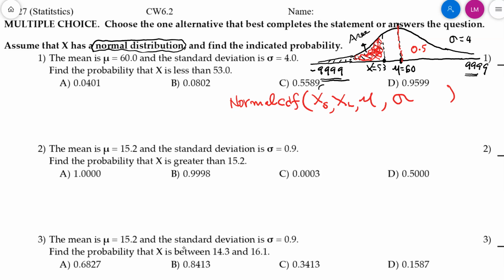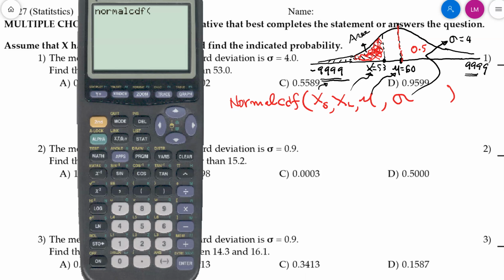This is X small, this is X large, this is mu, and sigma is 4. So you put negative 9999, the small, and then 53, the large, and the mean 60, and then standard deviation, in this case 4.